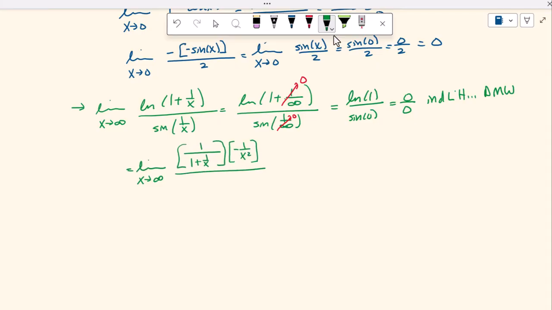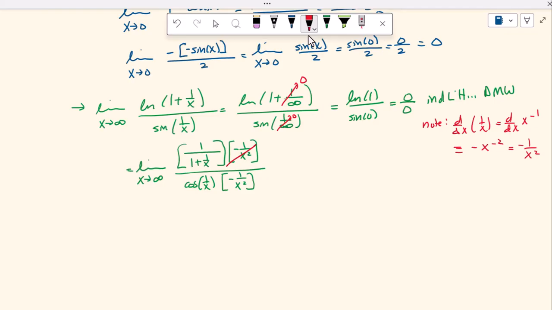Okay, the derivative of the sine of u is the cosine of my argument times the derivative of my argument. Just as a quick note here, the derivative with respect to x of 1 over x is the derivative with respect to x of x to the negative 1. So that's negative x to the negative 2, which is negative 1 over x squared. So that's where that's coming from.